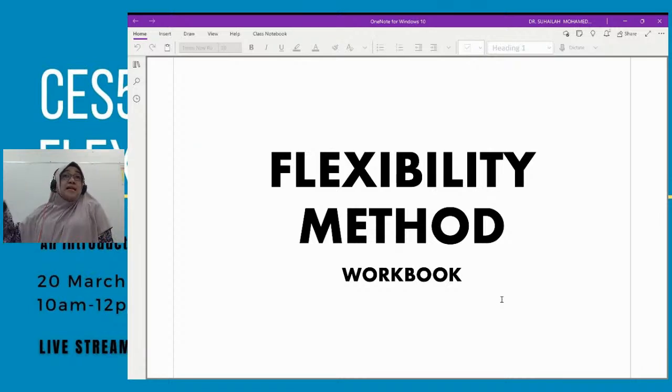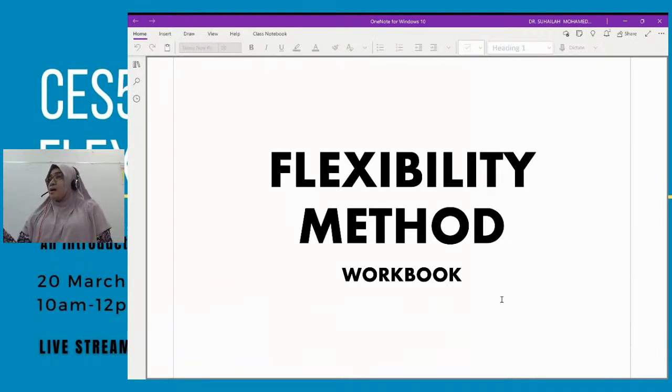Basically, if this is the first topic, by the end of the semester many students already forget what flexibility method is. So I hope from the module you can use it to score. Every semester I always say to students, this course is not tough if you have a strong basic in calculating reactions in beams, in truss, in frame.